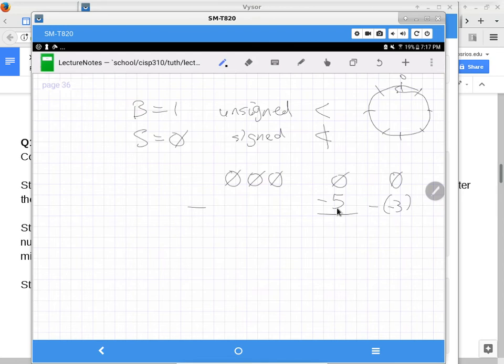These are all the slots for a 3-bit number, right? Yeah, it does go down to -4. But -4 is also representing 4 in the unsigned interpretation. 5, 6, 7. There you go.